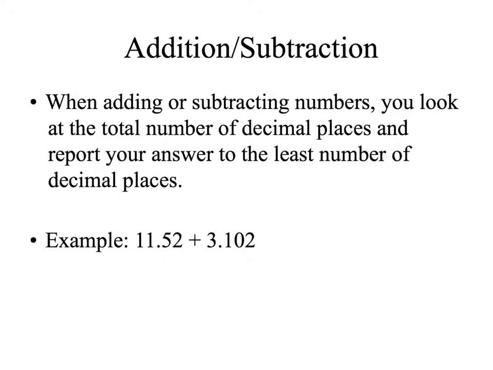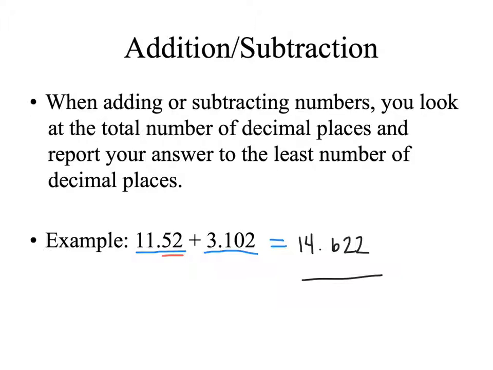So for example, if I have 11.52 and 3.102, I can add these together and get a value. So the calculator spits out 14.622. Now in this number, my final answer can only be reported to the number of decimal places that are present in the value with the least number of decimal places.